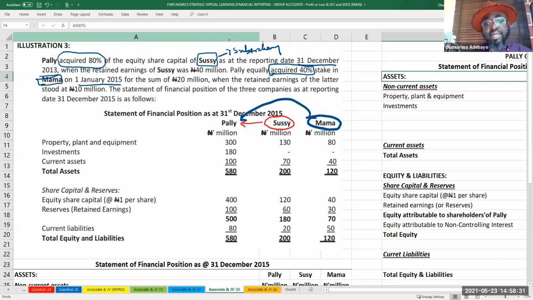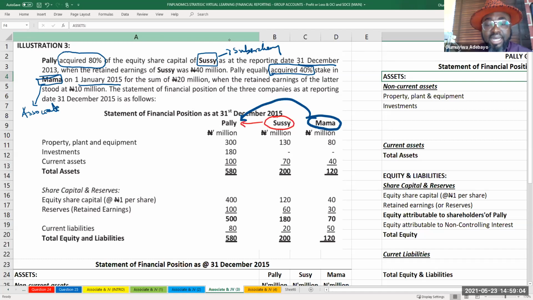Now the issue there also presupposes that without any other information to the contrary, Mama will invariably be considered as an associate of Pali, given that a 40% stake should at least give significant influence. Which then signifies that we have a subsidiary, we have an associate, and we have a parent.